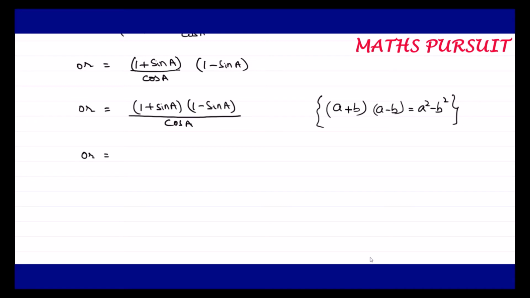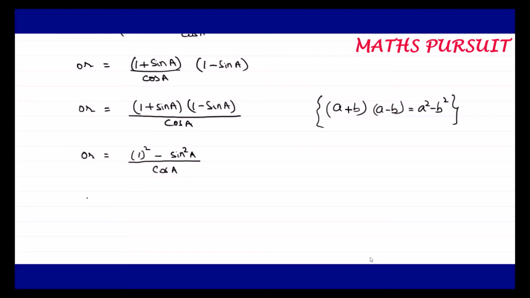So here A is 1 and B is sin A. So A square minus B square upon cos A. Hope guys you understood this. So I rewrote the above equation as 1 to the power 2 minus sin square A upon cos A.